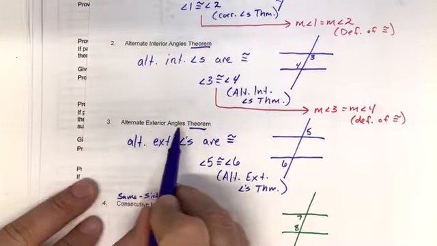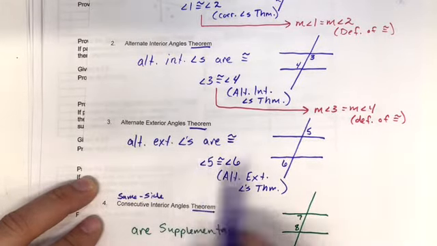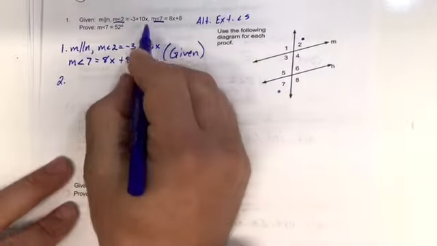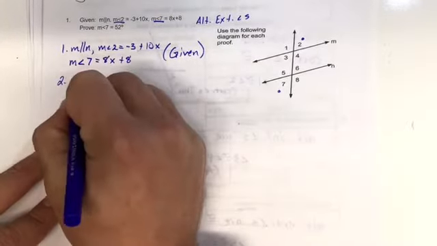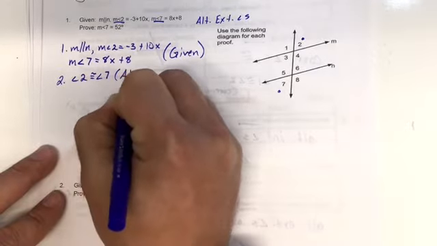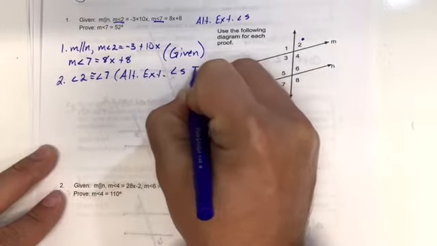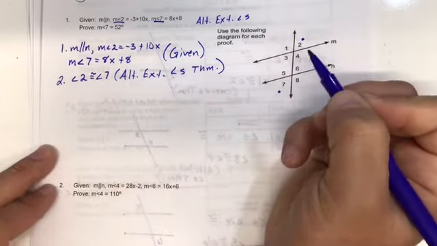The alternate exterior angles theorem states that they are congruent, and so my next line is going to look like this. I'm going to state that angle 2 is congruent to angle 7 because of the alternate exterior angles theorem. Okay?